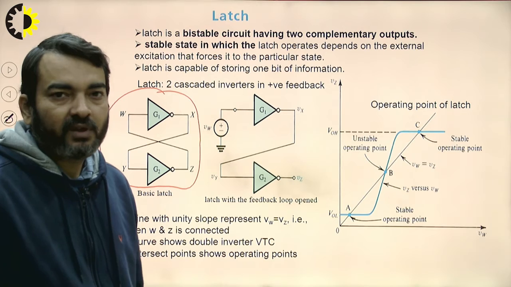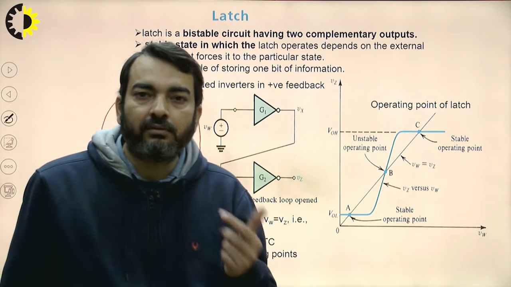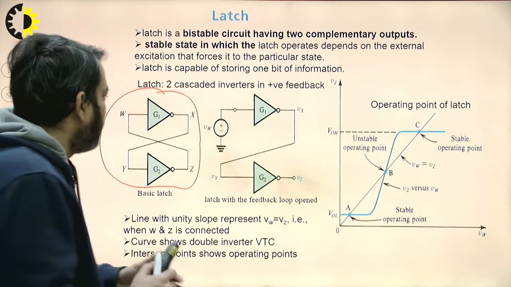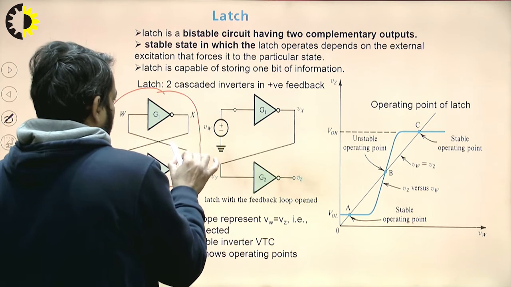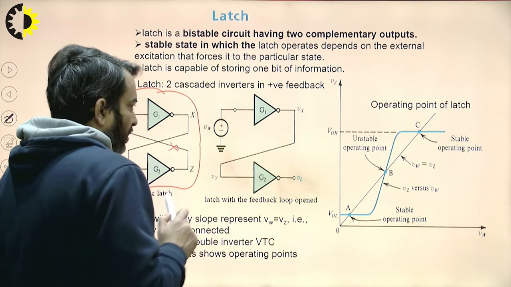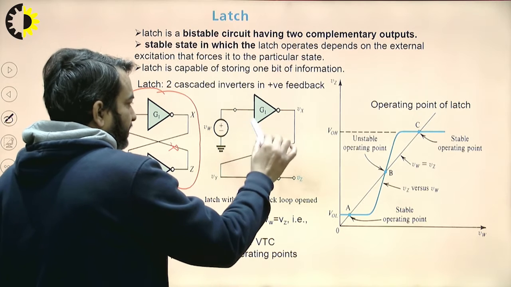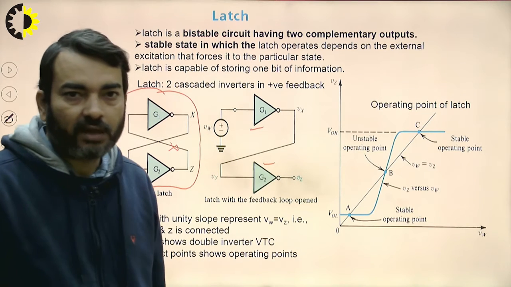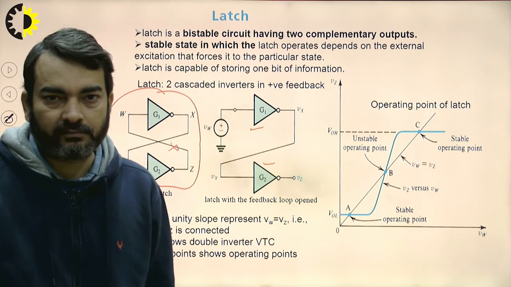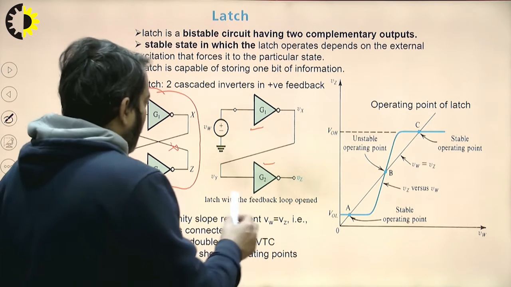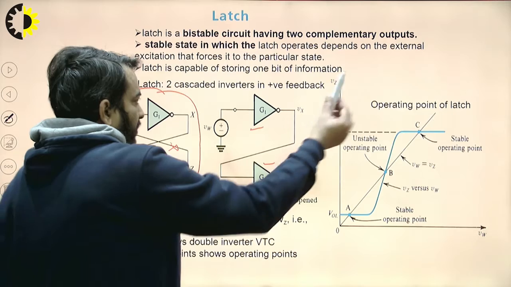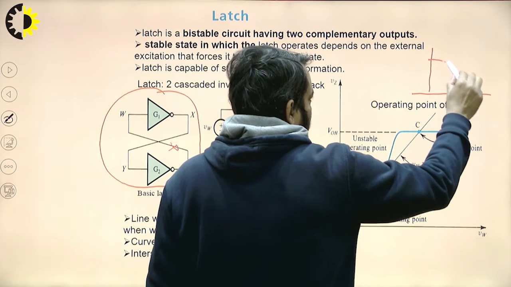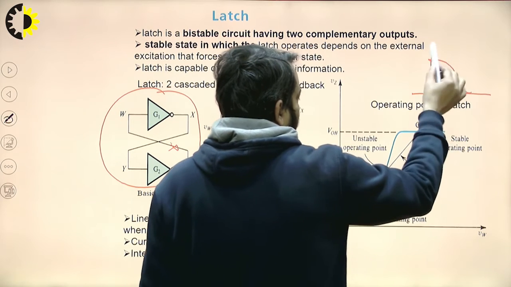Now we will see why the latch will have two stable states, 0 or 1. If we break this loop, we will say a latch is nothing but a combination of two cascaded inverters. This is the VTC, the voltage transfer characteristic, of a practical CMOS inverter, which we have already seen.